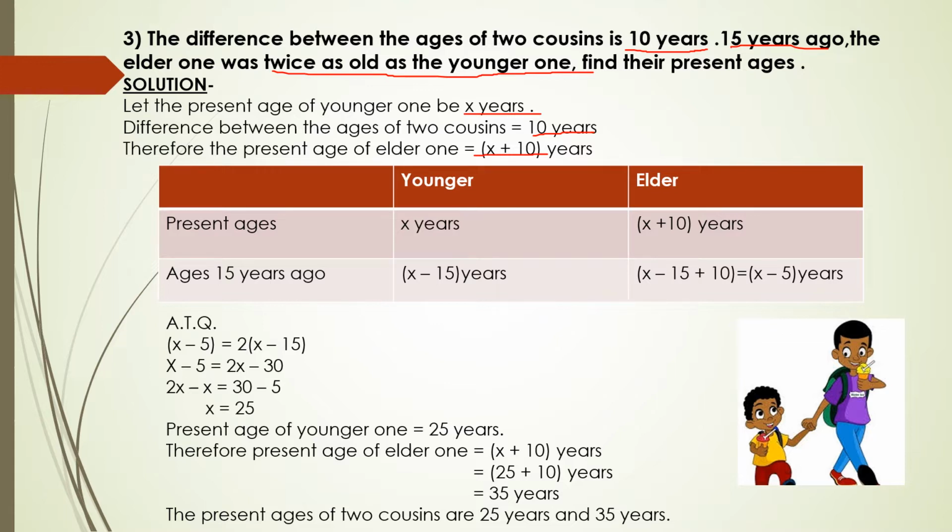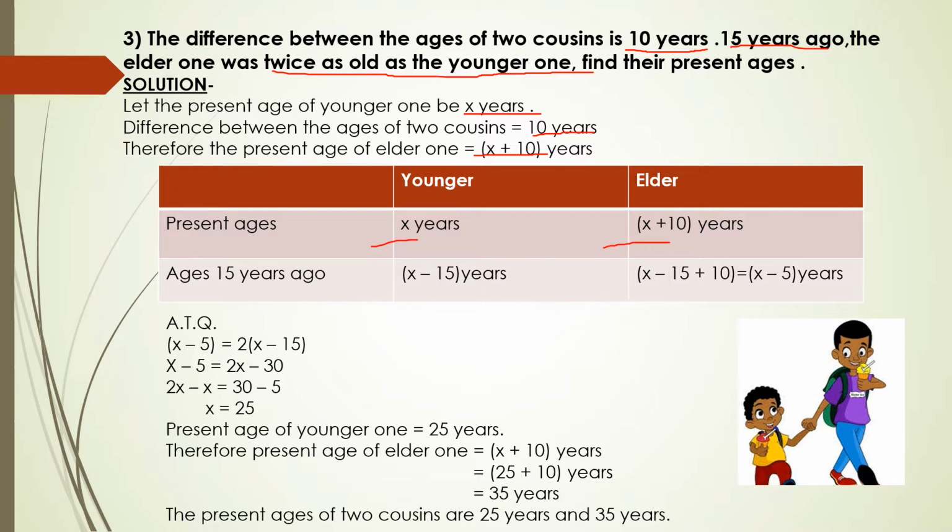Now again back to your tabular form to minimize the written work. 3 columns are there. In one I have written present age, then ages 15 years ago. Second one is for the younger one, third one is for the elder one. The younger one is presently x years old, so the elder one is x plus 10 years old.